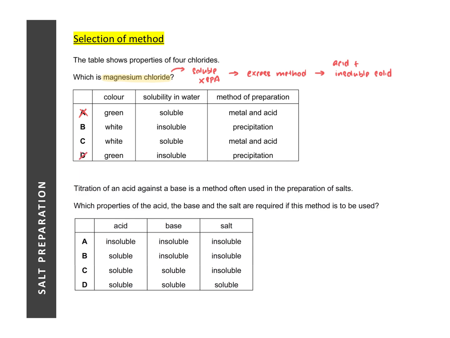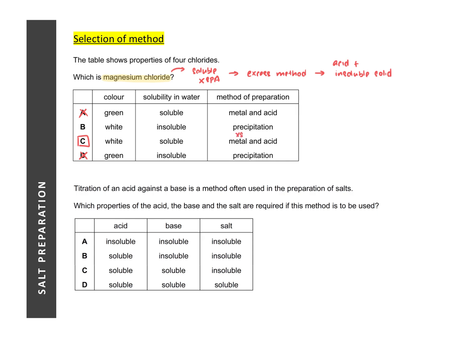So magnesium is not a transition metal, so the salt will be white. It is soluble in water, so immediately we would know that C is the correct answer. But again, the method of preparation would be your excess method, where we add excess metal to your acid.